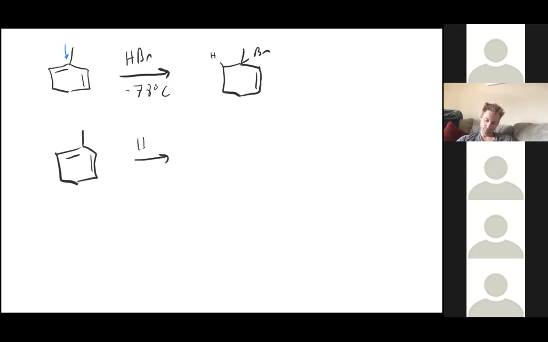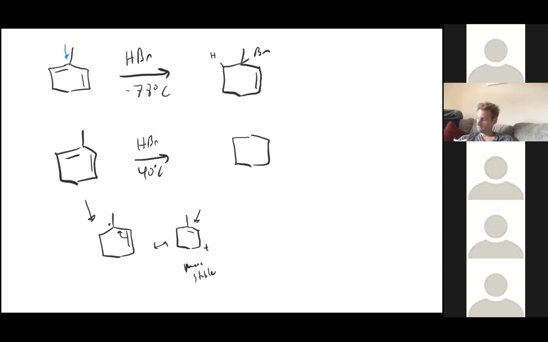At higher temperatures, we can pick up the proton, at which point we have to consider resonance. So with resonance, this double bond here is more stable versus this tertiary one versus the secondary one. So this would lead to our product, where H added to position 1 or Br added to position 4 here.